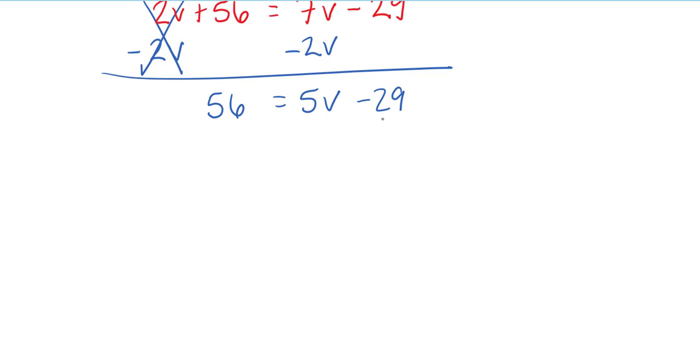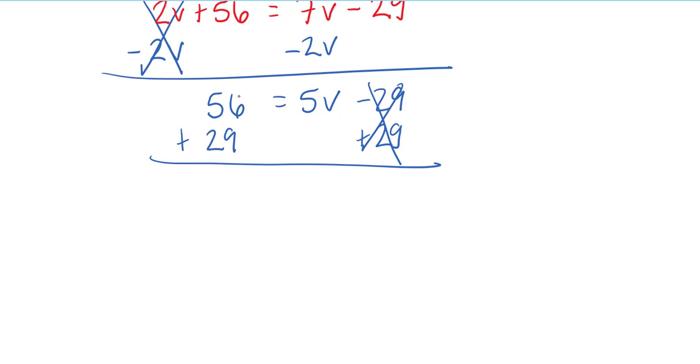The next step would be to add 29 to both sides, because we want to get v by itself. We're trying to get rid of all the numbers on the right-hand side. So we add 29 to both sides. 6 plus 9 is 15. We carry the 1 to the 10, so we have 1 plus 5 plus 2, which is equal to 8.